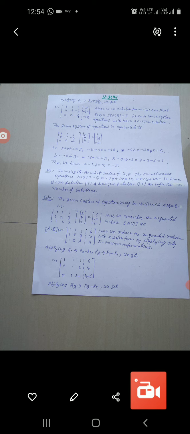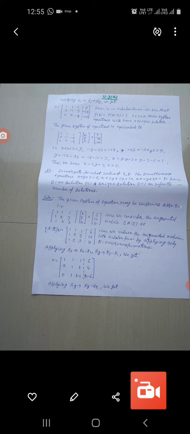The example is: investigate for what values of lambda and mu the simultaneous equations x plus y plus z equal to 6, x plus 2y plus 3z equal to 10, and x plus 2y plus lambda z equal to mu have number 1, no solutions, number 2, a unique solution, and number 3, an infinite number of solutions.